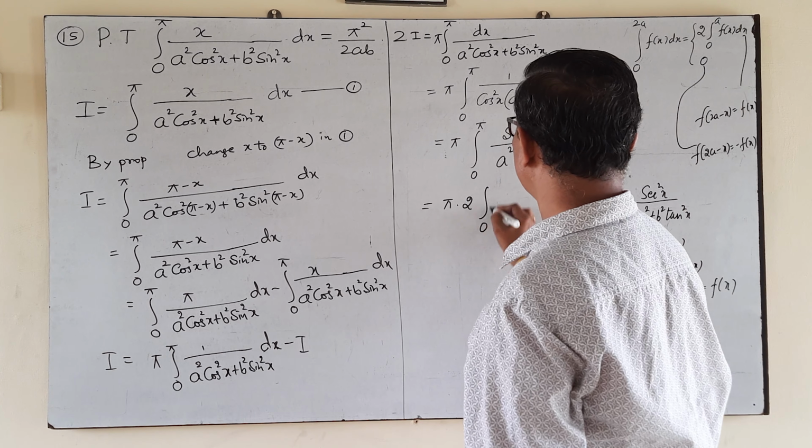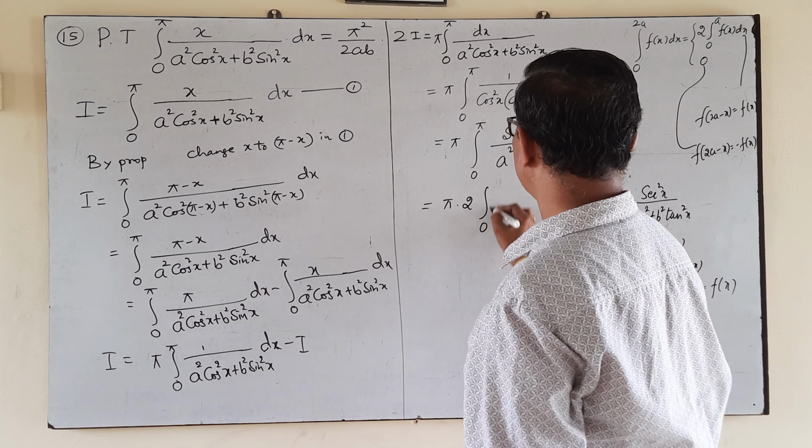Okay, so the left side 2I is equal to pi into 2. At x is 0, t is 0. At x is pi by 2, t is infinity. Secant square x dx becomes dt divided by a square plus b square t square. So divide by 2, the 2 cancels. I is equal to pi into integral from 0 to infinity. Convert the given data into standard form.